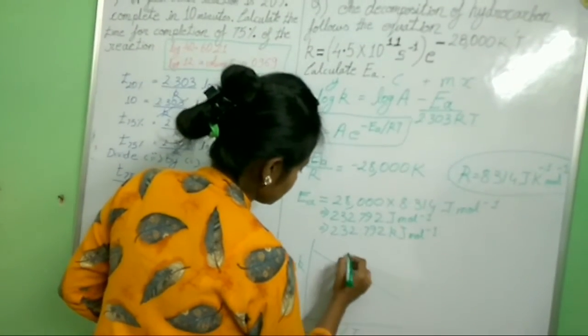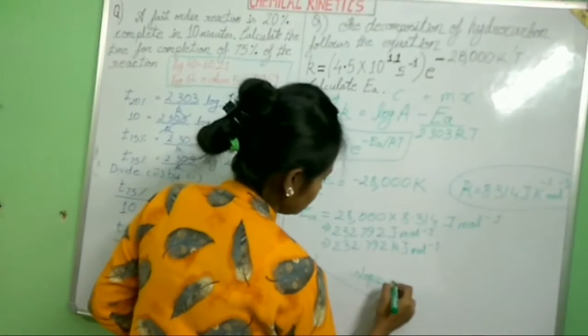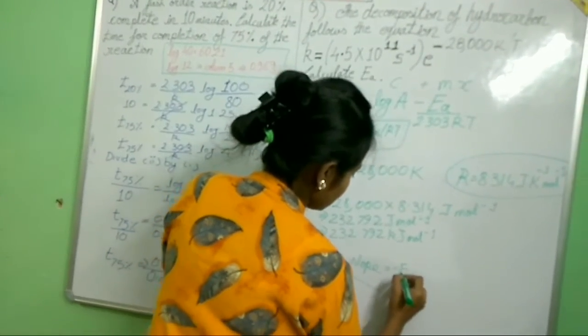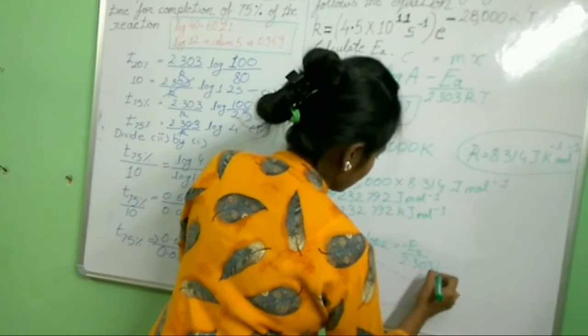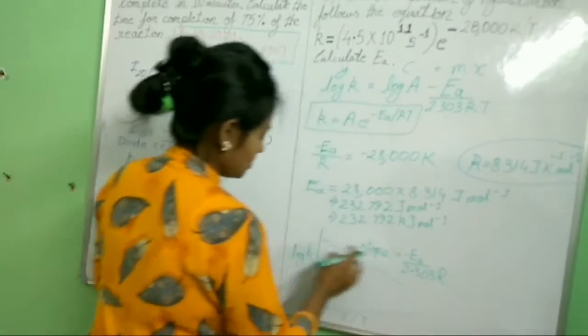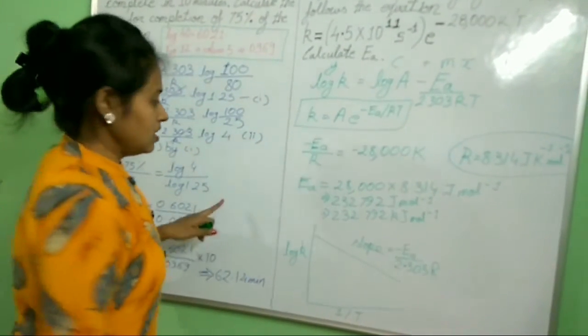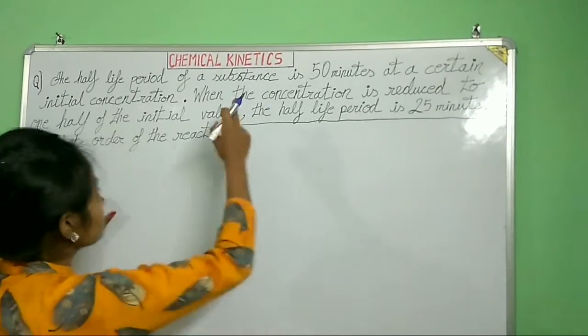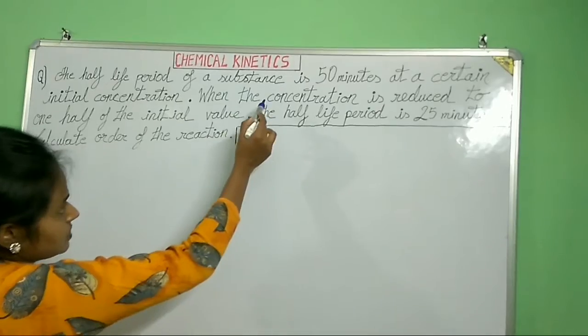Slope is equal to, as it is minus here, so minus EA by 2.303 R. In this way we can plot this graph. Okay, is it clear?